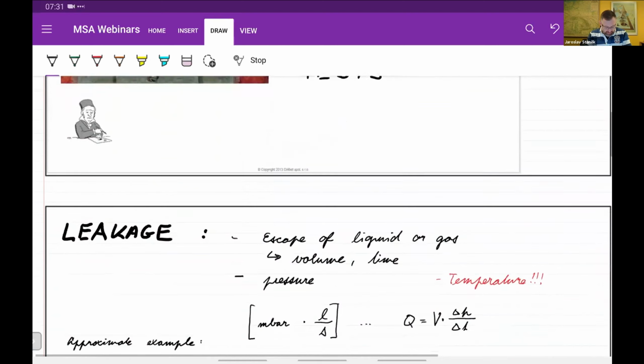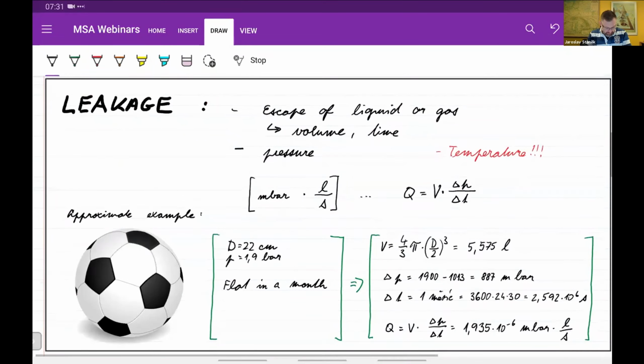First, let's speak a little bit about what is actually leakage. So the leakage is an escape of a liquid or gas from some object, from a technical system.